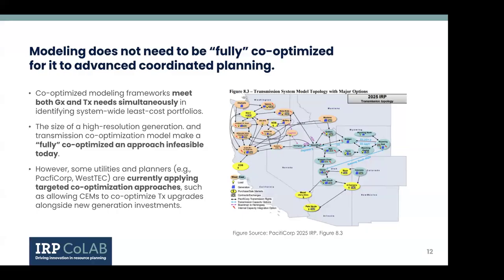In this way, these tools can co-optimize investments more at a system level, selecting transmission and generation solutions together. We are seeing examples of this, for example, in PacifiCorp's IRP, as I mentioned on the previous slide, as well as regional planning efforts, for example, through WestTEC.